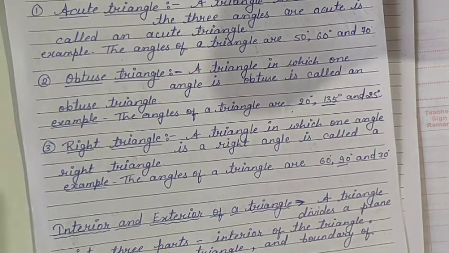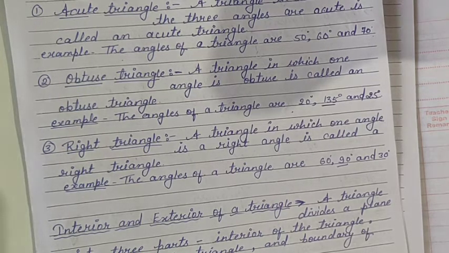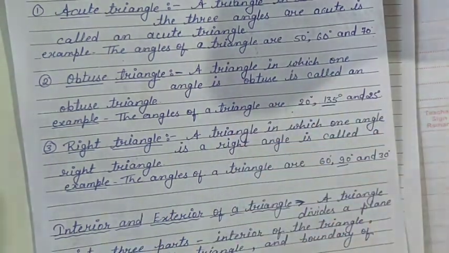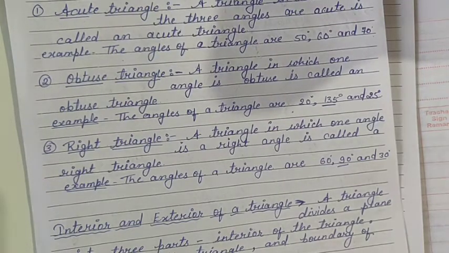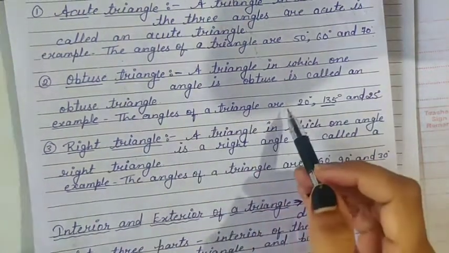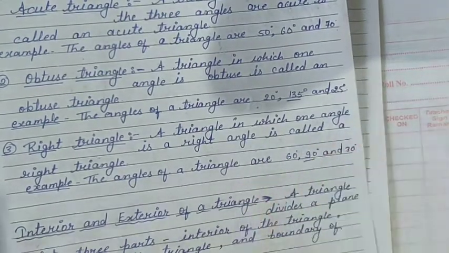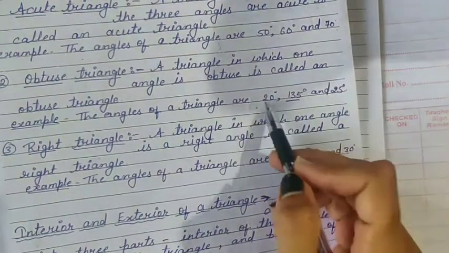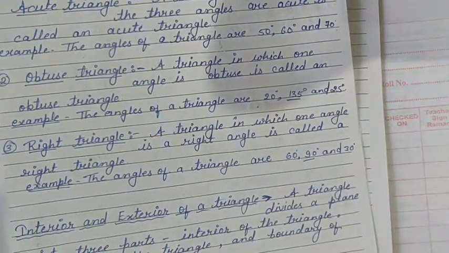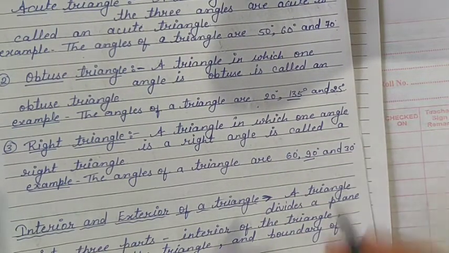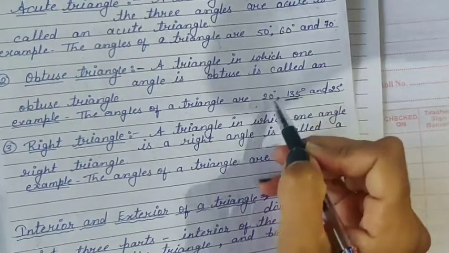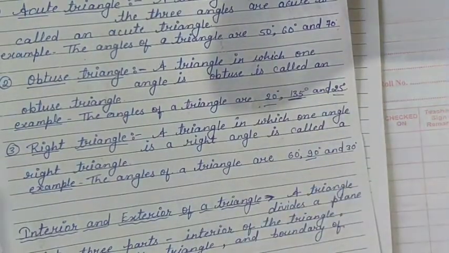If one angle is obtuse, then the rest of the two angles will be acute. For example, the angles of a triangle are 20 degrees, 135 degrees and 25 degrees. If a triangle has these three angles, then it is called an obtuse triangle. This angle is obtuse and these two angles are acute.